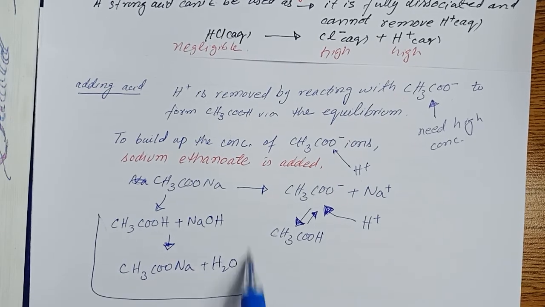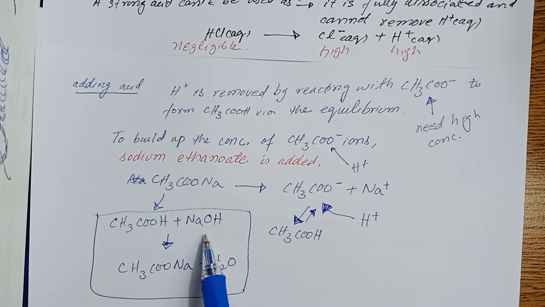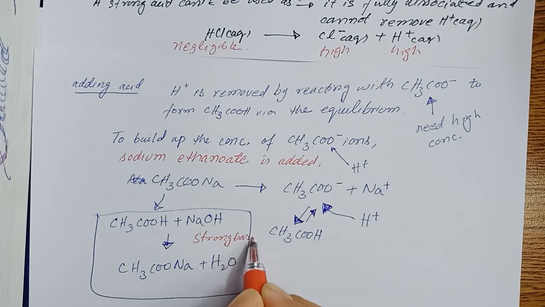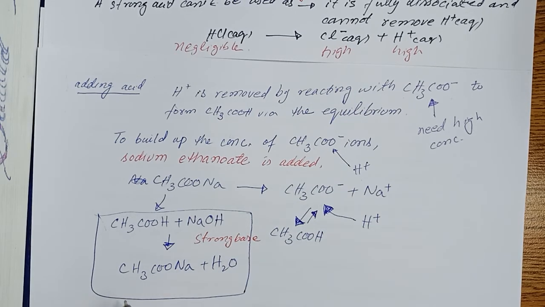So here the sodium hydroxide is the strong base and the acetic acid is the weak acid. So this one is the salt of a strong base.